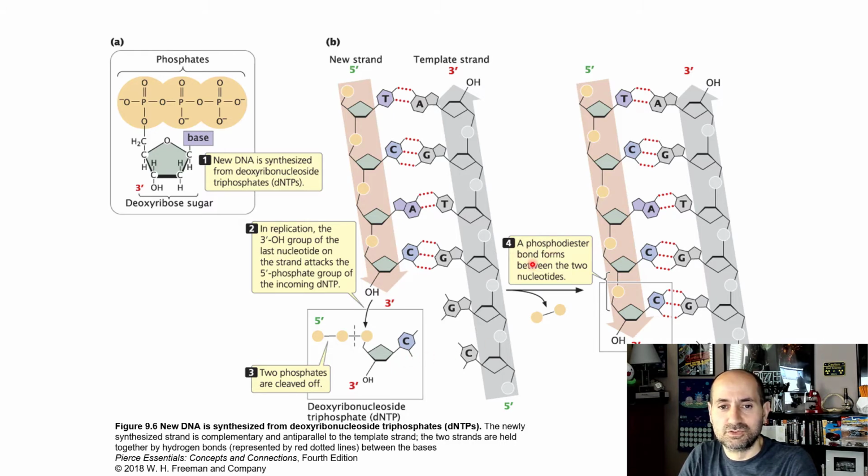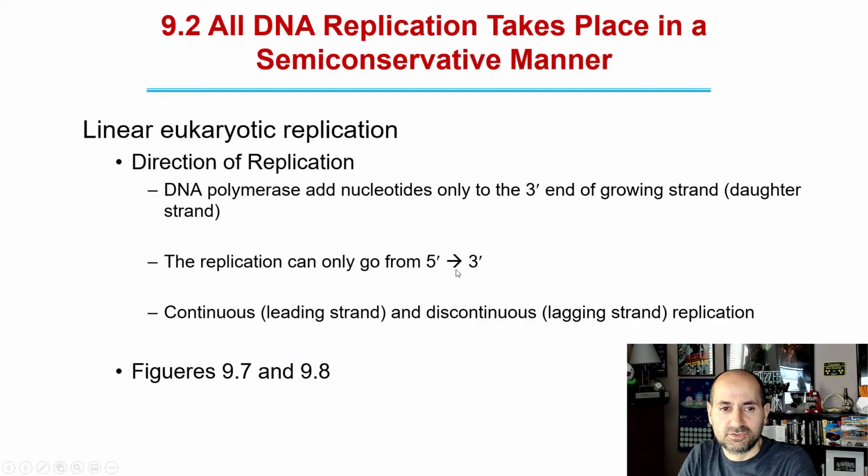So a phosphodiester bond forms between the two nucleotides, and that's how DNA synthesis occurs. You need to know that DNA synthesis occurs in a 5' to 3' direction. And again, polymerase adds nucleotides only to the 3' end of a growing strand on the daughter strand. This means that replication can only go 5' to 3'.